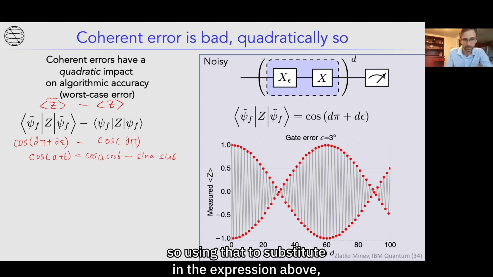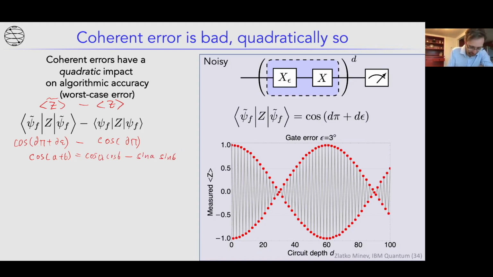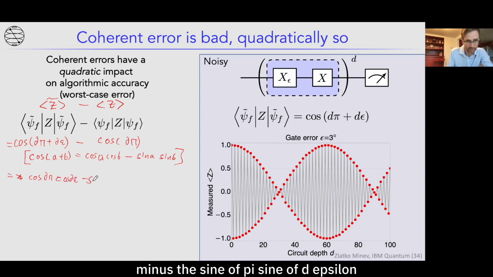So using that to substitute in the expression above, let's put that in brackets, we'll find that we have the cosine of d pi times the cosine of d epsilon minus the sine of d pi sine of d epsilon minus again the cosine of d pi.